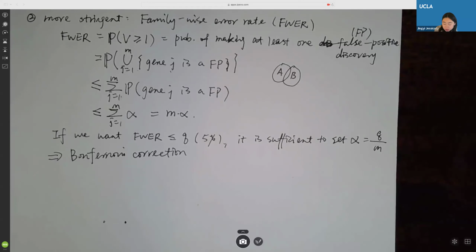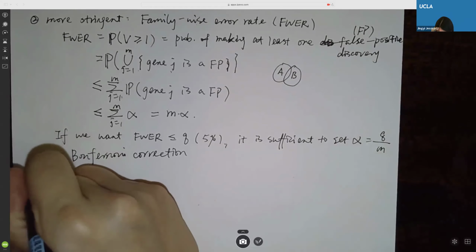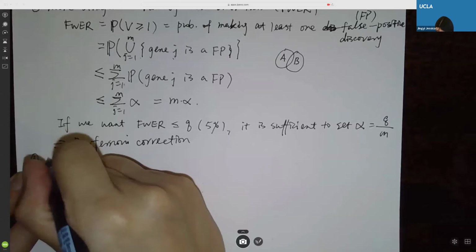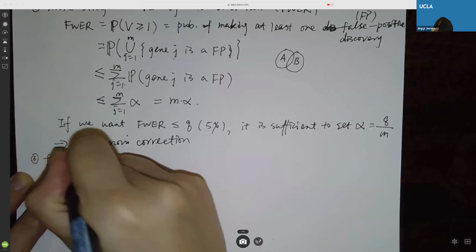For example, if you just have 10 tests, then dividing 0.05 by 10 still gives a threshold that's not too small. But in such high-throughput genomics, with tens of thousands of genes, that's not the case. So that motivated a new criterion, which became popular, called false discovery rate.